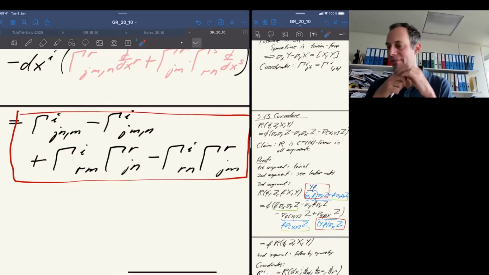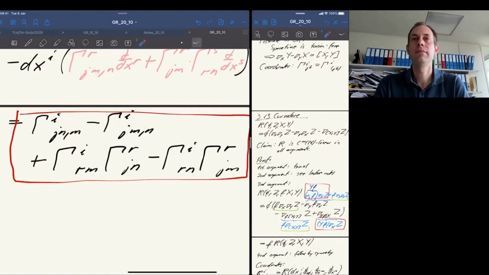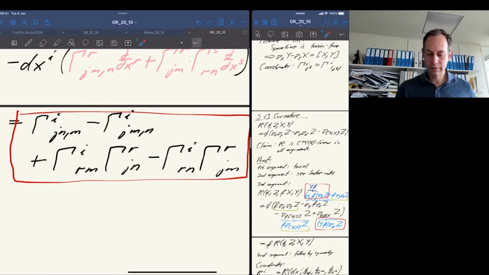Basically, I was just wondering, why did you use only the comma sign? Shouldn't it be a semicolon on the first two gamma expressions, this one? Because gamma isn't a scalar, right?